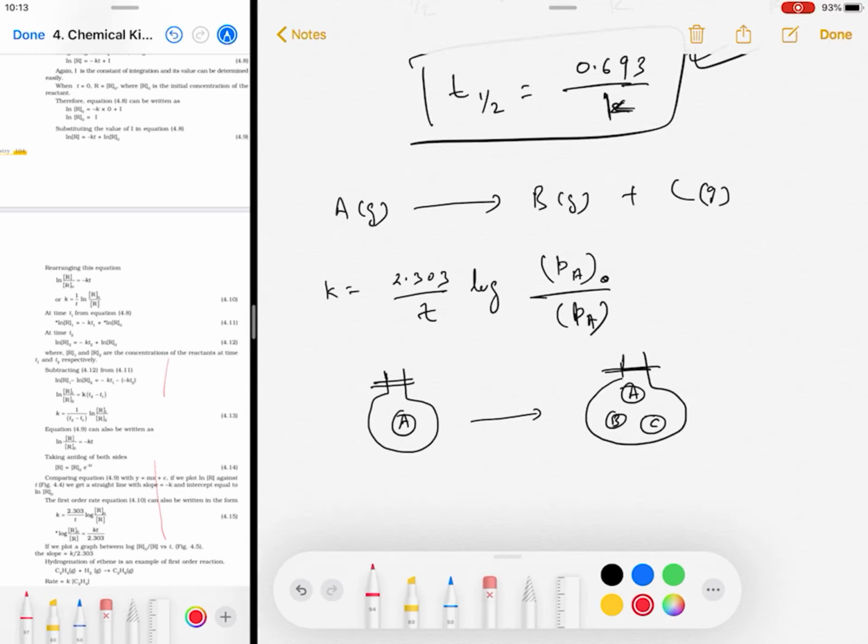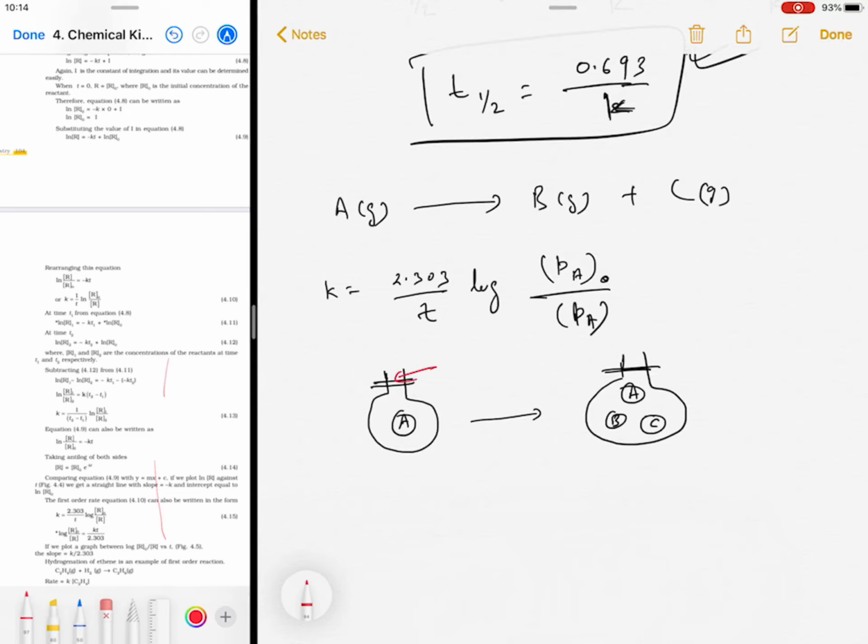Now if we measure the pressure of this gaseous content in this flask, we can measure by manometer. Initially we will get PA naught, the initial pressure of A, because there are only A molecules. But after the reaction, if we measure the pressure, it will be the total of all these pressures: PA plus PB plus PC. And for the integrated rate equation we need only PA.